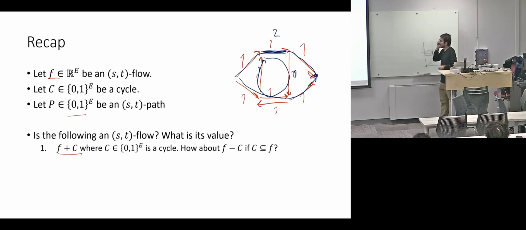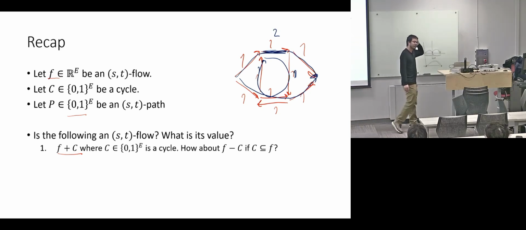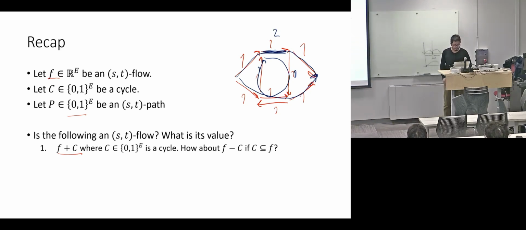Okay, good. But what if the cycle is a subset of the flow? That is, let's say you have some feasible flow, and this cycle is a subset of this flow, and you remove the cycle. Is this an ST flow? Maybe not. Why not? It could break all paths between S and T. Is that possible?